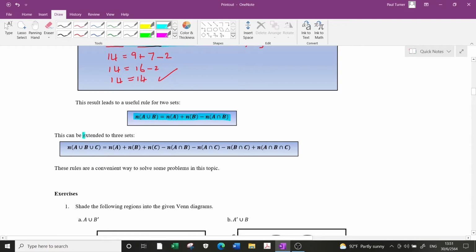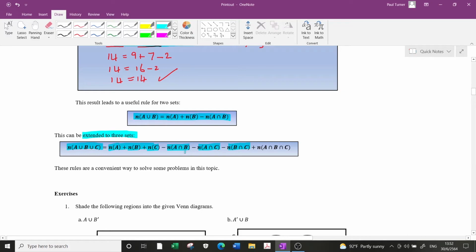And we can extend this to 3 sets. So it actually looks difficult, but it's not that hard to remember. We've got the number in the union, A union B union C, is the number in the individual sets added, minus each intersection in combination.